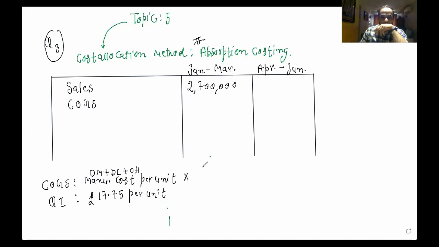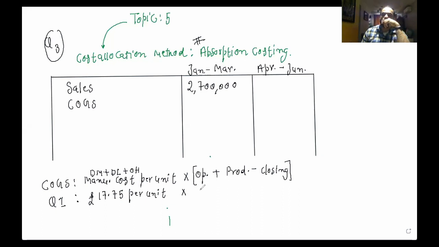All right. And now multiply by cost of goods sold units. And how to calculate cost of goods sold units? So we have our formula for cost of goods sold units. The formula is opening inventory, plus production, less closing. That will be your cost of goods sold units. So how much is opening?